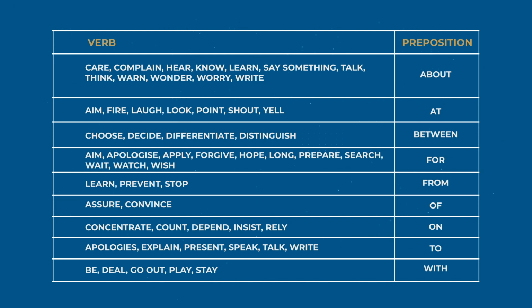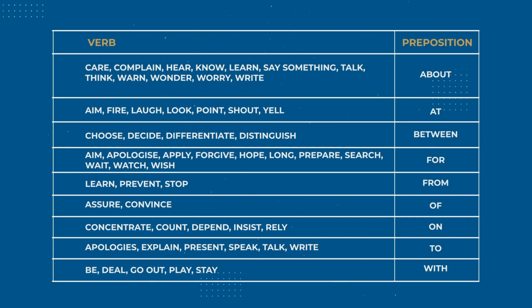Let us take some other list, like aim, fire, laugh. They make a pair with at. For example, do not laugh at the poor people. Don't look at me like that. So, laugh at, look at, point at, shout at. They all form a group with at.